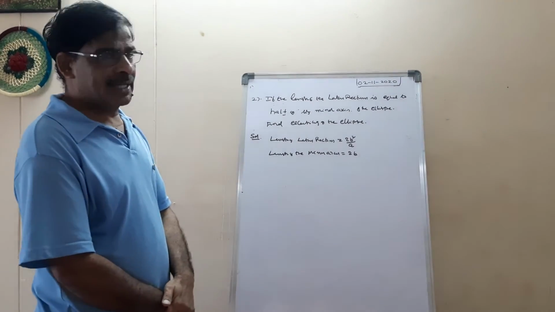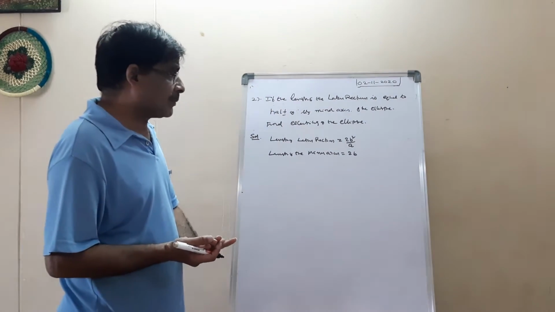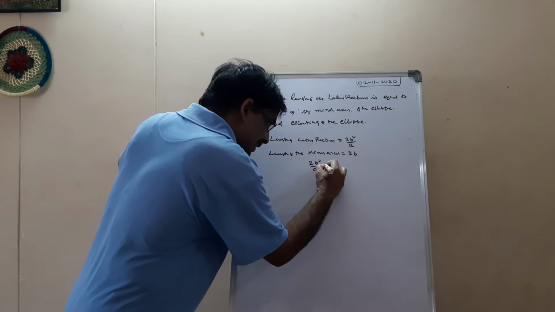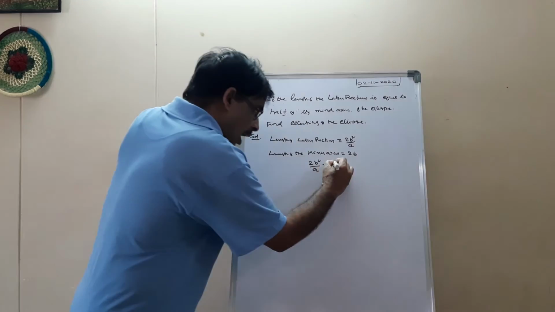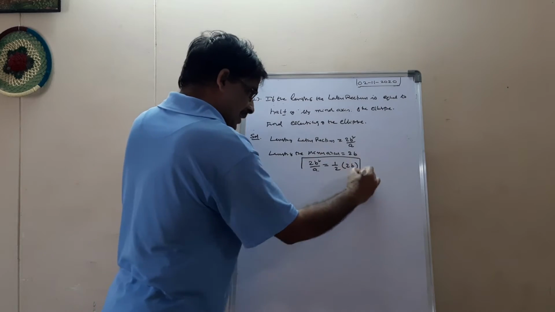What is given? The length of the latus rectum is equal to, it means 2b square by a is equal to half of its minor axis. This is the condition given.